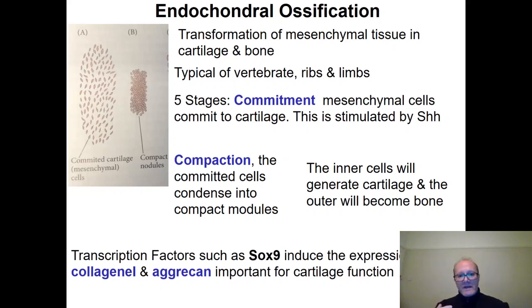So again, you see that we mentioned SHH a few times. SHH is one of the fundamental signals that induce and maintain the identity of the sclerotome, and is one of the important signals that induce the expression of SOX9, which is fundamental for driving the expression of genes that define cartilage functions.